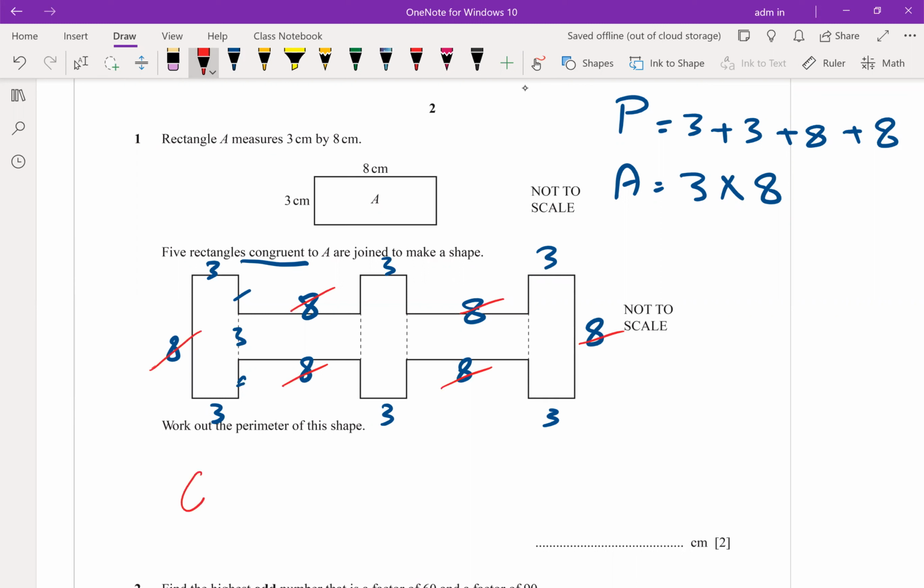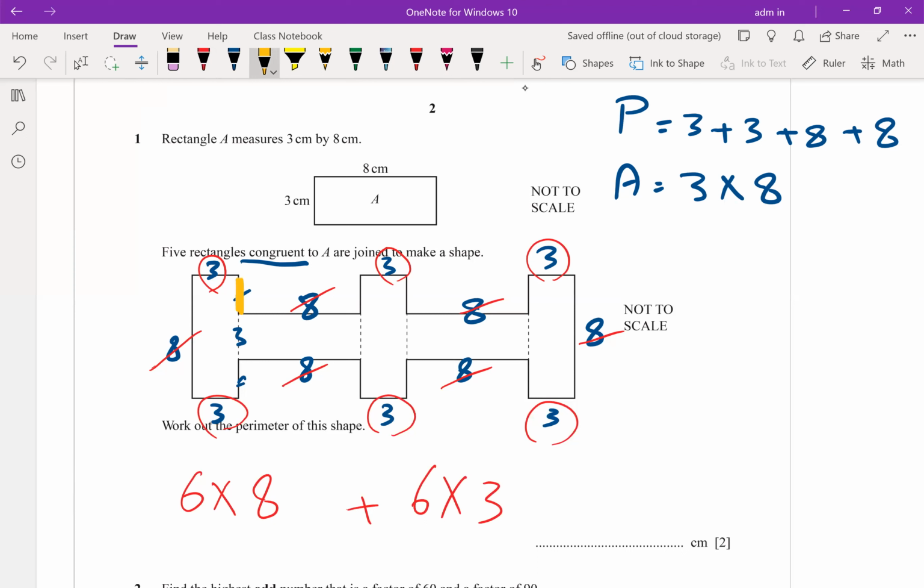So 6 times 8. And how many 3s? 1, 2, 3, 4, 5, 6. So 6 times 3. Look at this part.